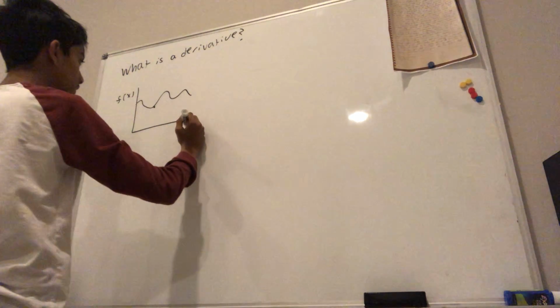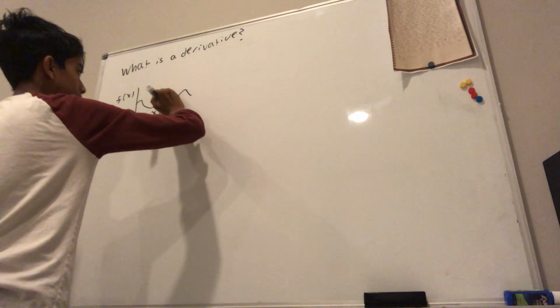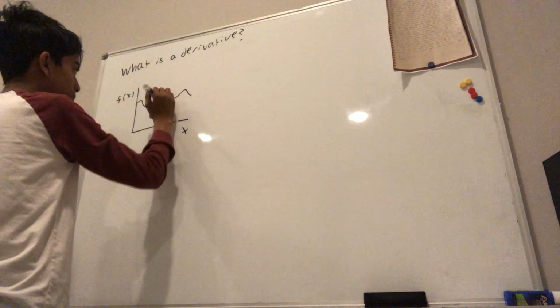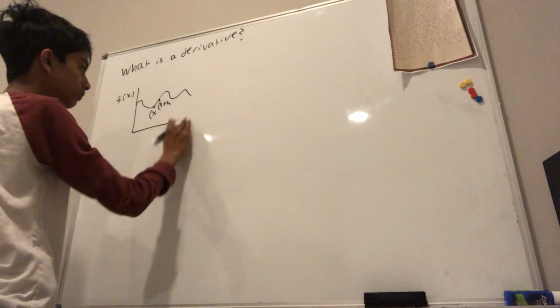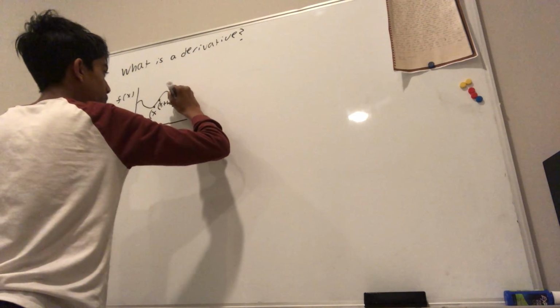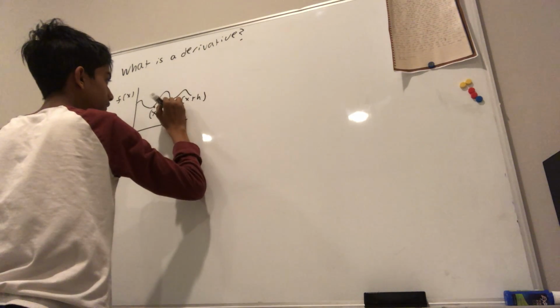So this is say x, and this is some x plus h, right? So for the x-axis, we put that there. And then we have f of x plus h and f of x.